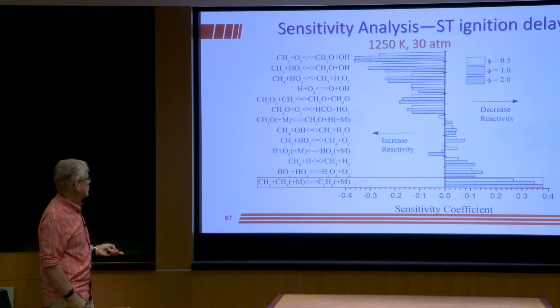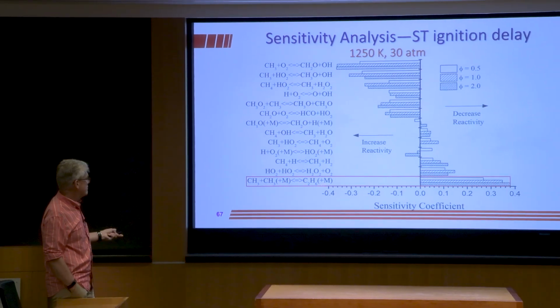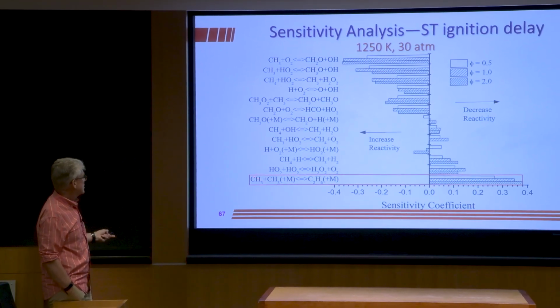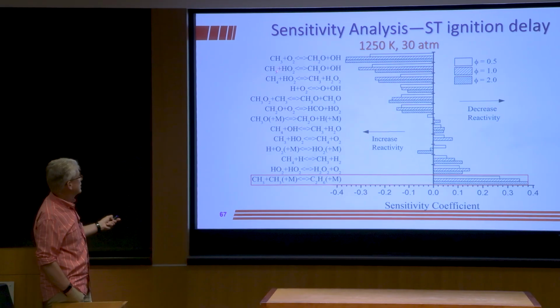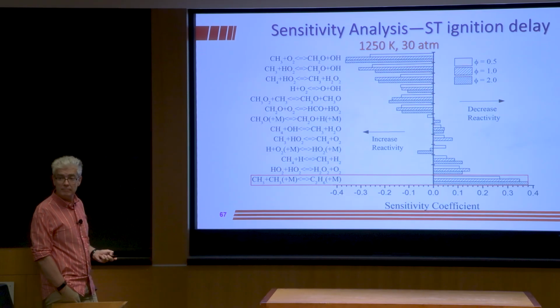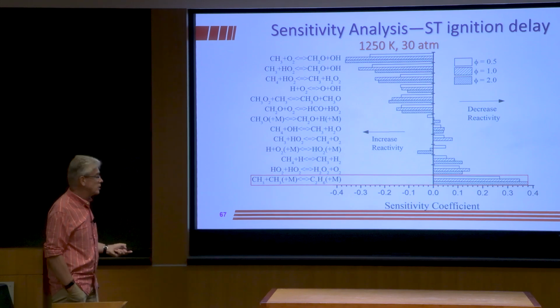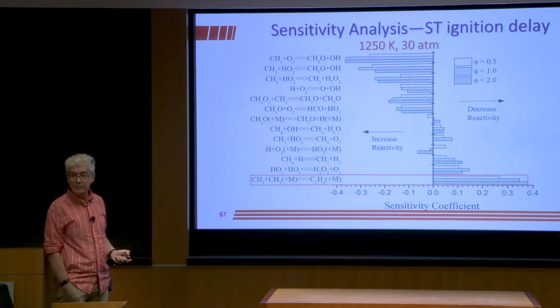Okay, another one is, of course, methyl plus M giving ethane plus M. So methyl recombining to give ethane is going to compete with methyl reacting with O2 and HO2 and other species, giving branching. Okay, so this is termination, and it's killing you, right?